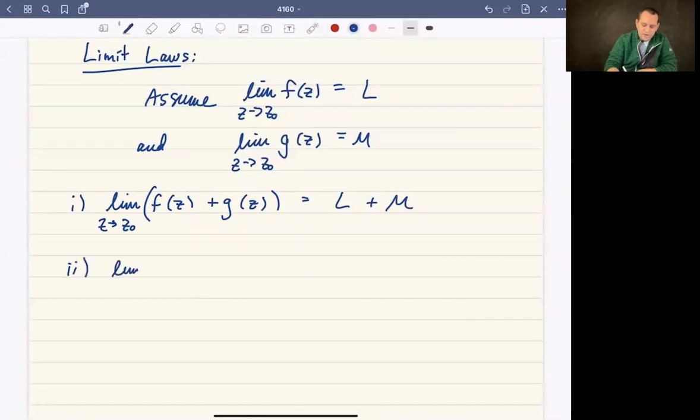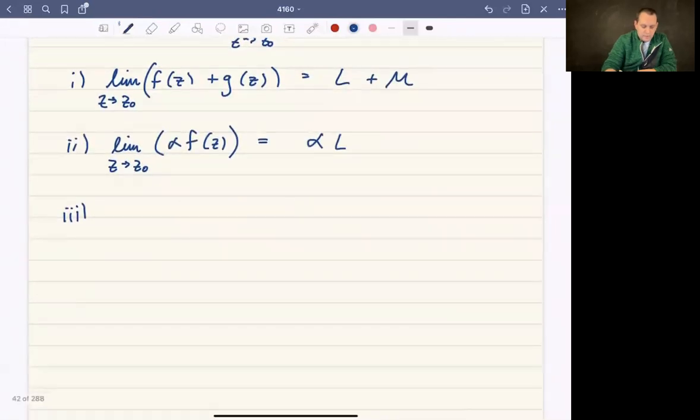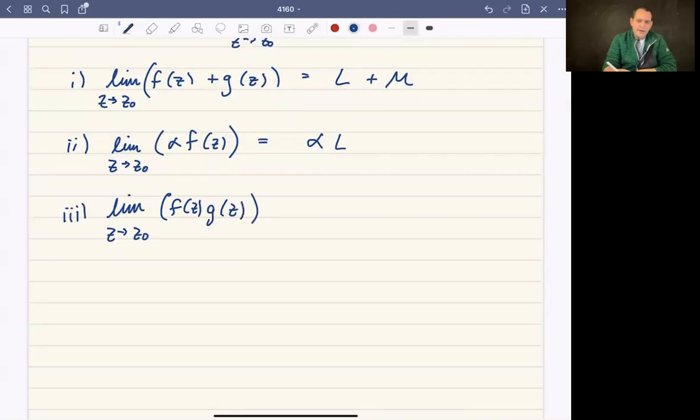If you were to have the limit of a constant, I'm going to use the value alpha to denote a generic complex constant, you can bring that constant out. So this is alpha times the limit of f as z approaches z naught, or in other words, alpha times L. If you were to have the limit of a product of functions, say f of z times g of z, the limit of the product is the product of the limits.